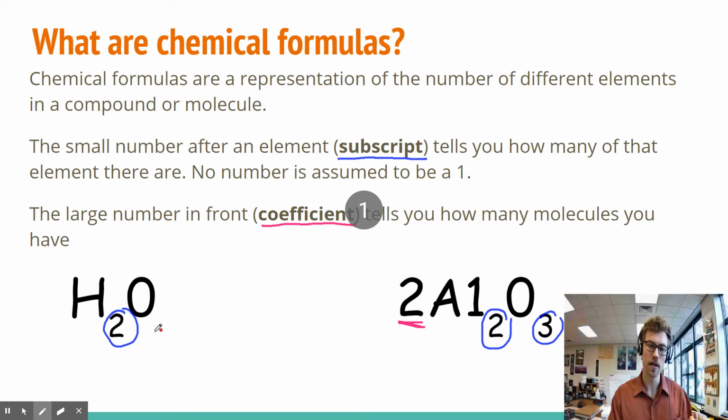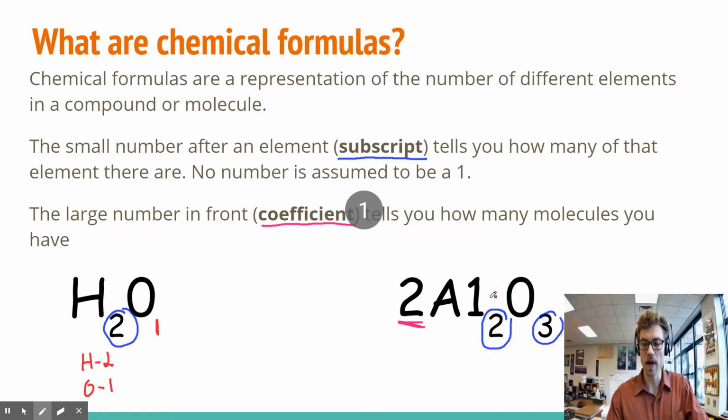Now you'll notice that there's no number after the O. That doesn't mean that there's a 0 there. We assume that there's a 1, so this is H2O1. We just don't write ones. So that means that there are 2 hydrogens and there is 1 oxygen in H2O.